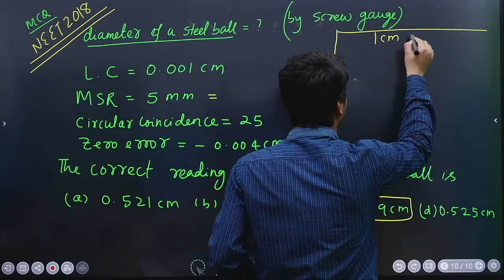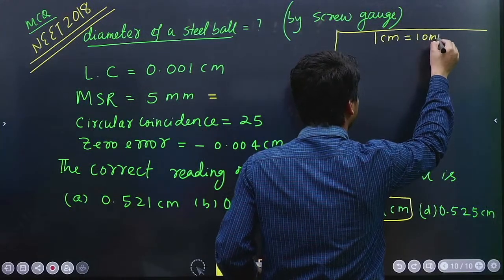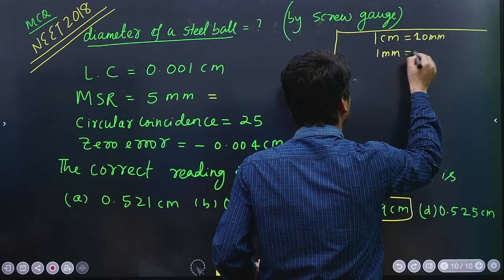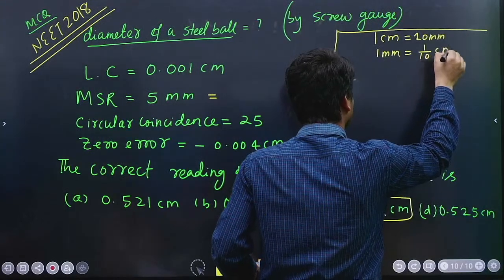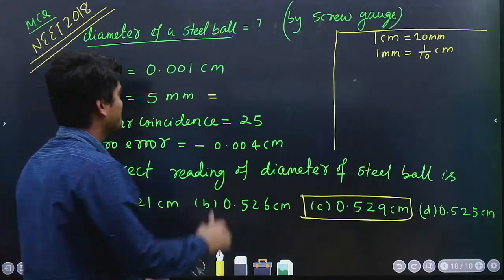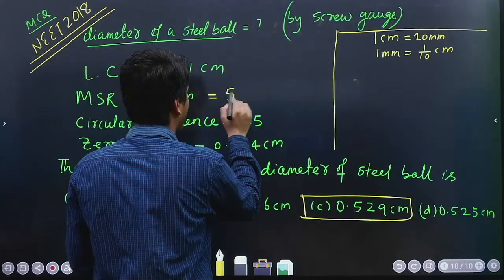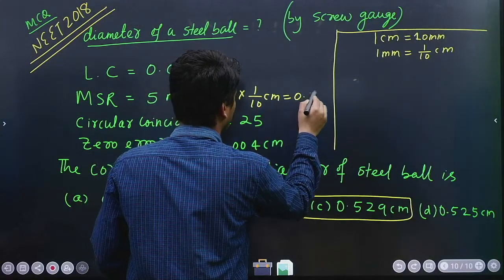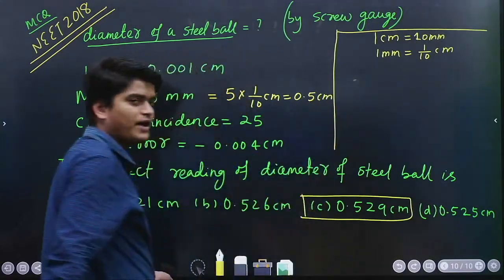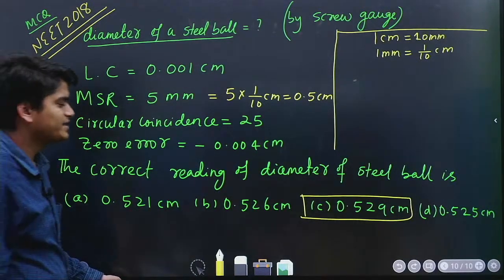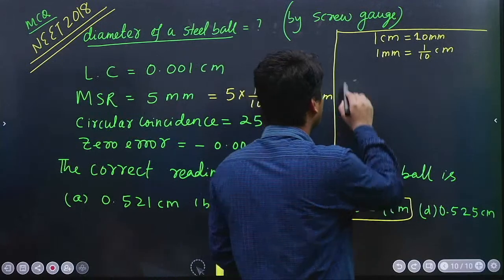See, 1 centimeter is 10 millimeter, so 1 millimeter is 1 by 10 centimeter. So 5 into 1 by 10 centimeter, total 0.5 centimeter.